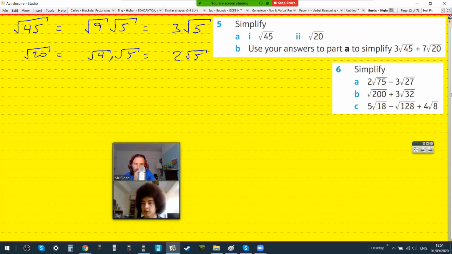45 plus 20. Doesn't work that way. Oh. What is root 45? Root 45 is 3 root 5. And so what is 3 root 45?